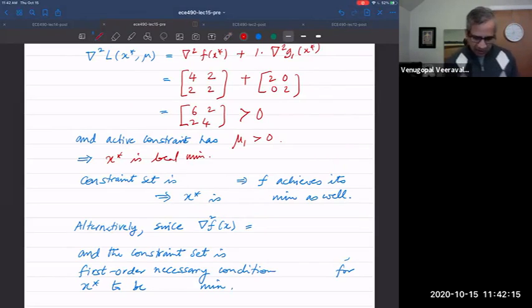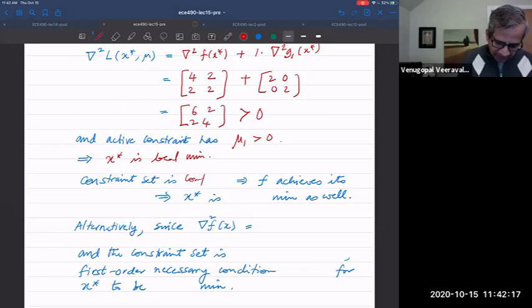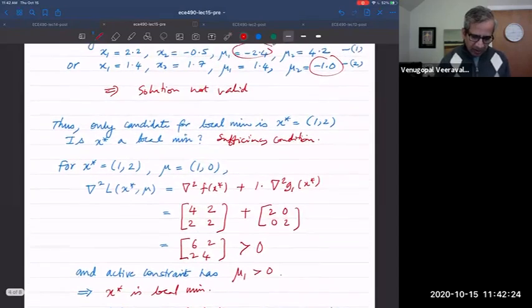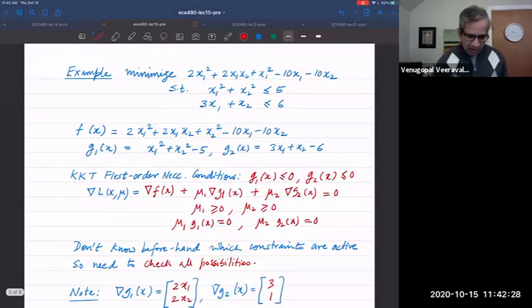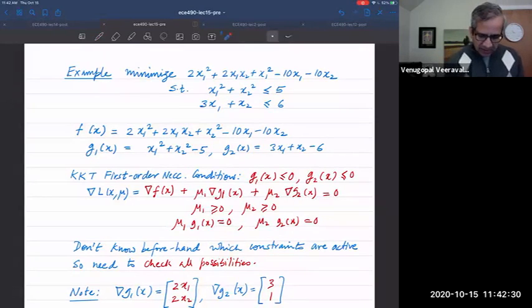And now the constraint set is compact. Why is the constraint set compact? These are both inequality constraints, right? So this constraint set is compact, right? It's closed and bounded.